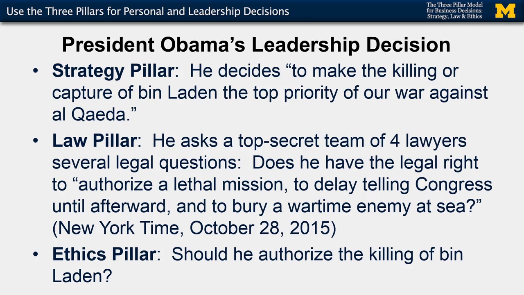For instance, does he have the right to authorize a lethal mission to kill bin Laden? Does he have the legal right to delay telling Congress until after the mission? Does he have the legal right to bury bin Laden at sea? And then the ethics pillar. Regardless of whether his decision is legal or not, should he authorize the killing of bin Laden?